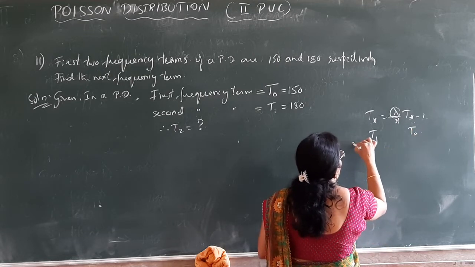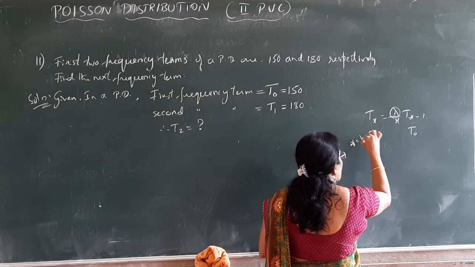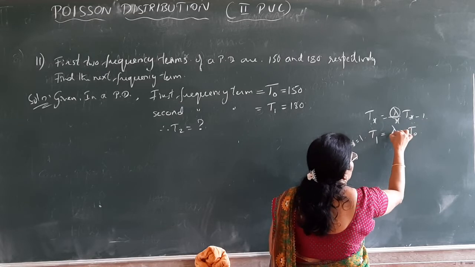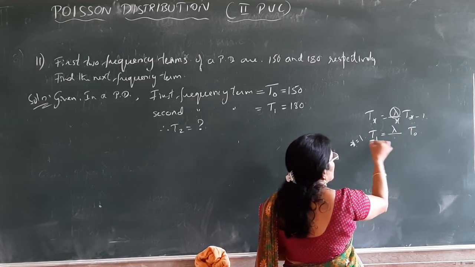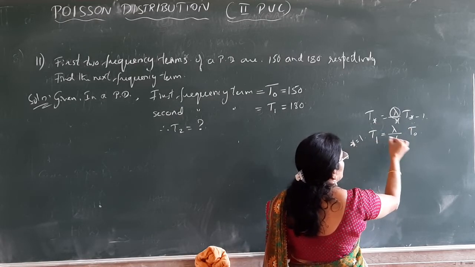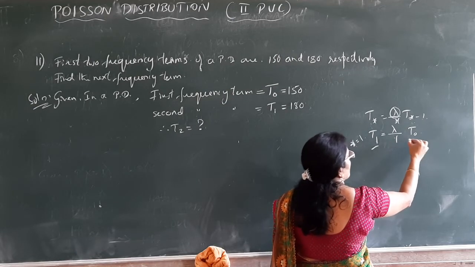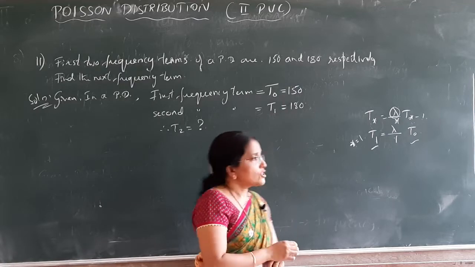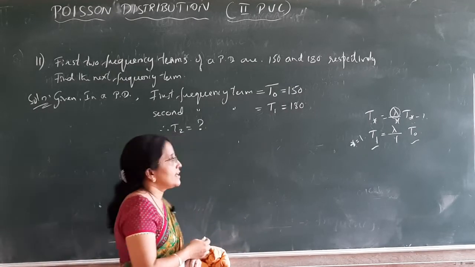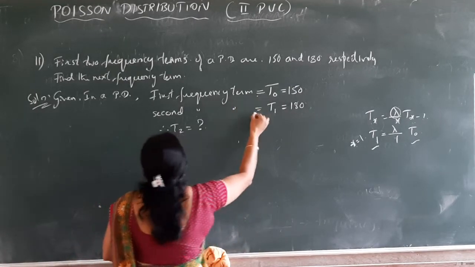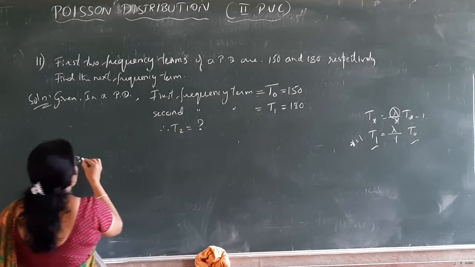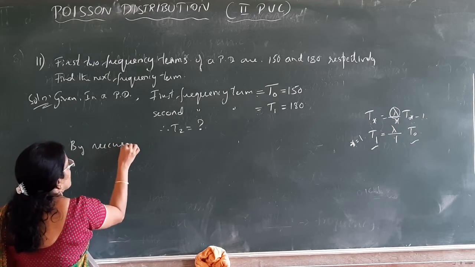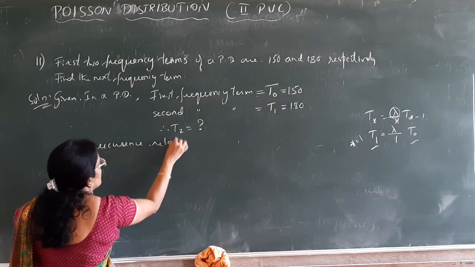That is, if we substitute x is equal to 1, then we can write T1 equal to lambda divided by x, where x we have substituted as 1. Now T1 is known, T0 is known, lambda is unknown. Now we can find lambda, right? So this is the method how we can find lambda with the help of the given information, by the recurrence relation.